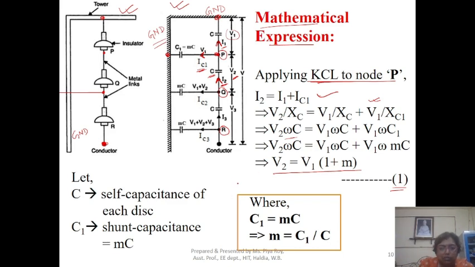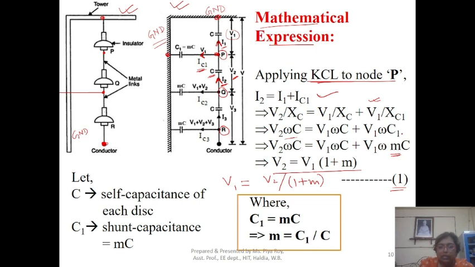So from there we can also have the expression of V1, that is V2 divided by 1 plus m. That is also true. Okay, and remember we have this expression, this small m, from where it comes.